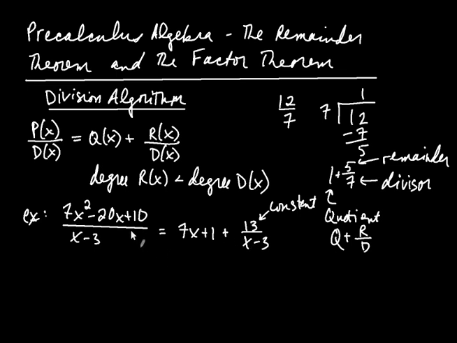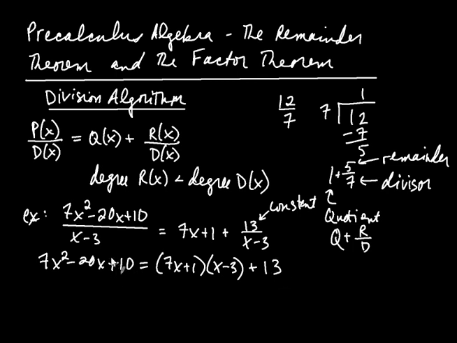Finally, note that if you multiply both sides of this equation by x minus 3, the x minus 3 on the left will clear, and you'll get 7x squared minus 20x plus 10. And then the right-hand side, if you multiply this by x minus 3, the quotient gets multiplied by x minus 3, so it'll be 7x plus 1 times x minus 3, and then plus, the x minus 3 will cancel out the x minus 3 here, and you'll have just plus 13.